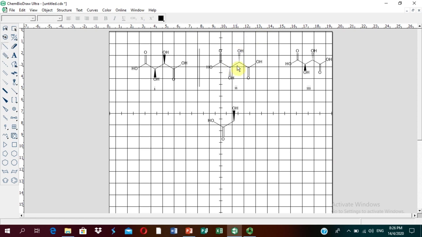And then this is CH, the bonding here. Then C at the beginning is a dash, so this becomes a wedge also. OH.